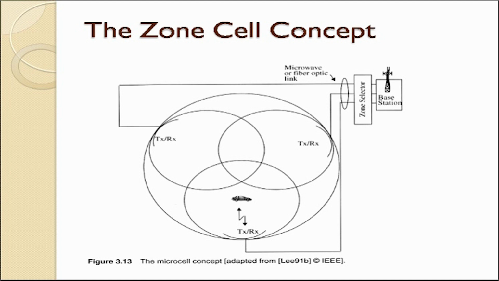As a mobile travels from one zone to another within the cell, it retains the same channel. The base station simply switches the channel to another zone site. A given channel is active only in the particular zone in which the mobile is traveling, and hence the base station radiation is localized and interference gets reduced.